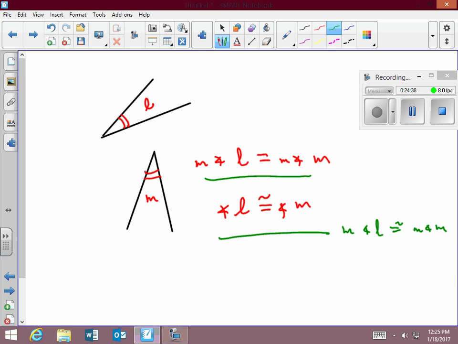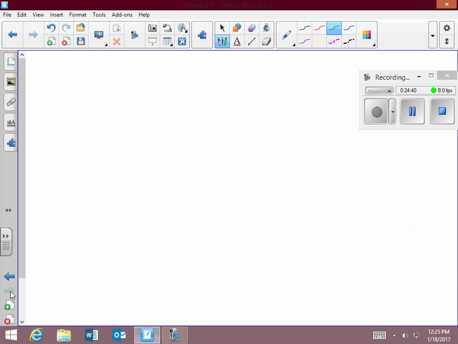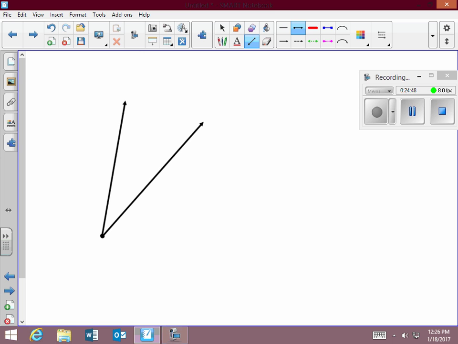then adjacent angles would be angles, and I'll just write them out as rays. Those two angles are adjacent because they share the same vertex and they share a common side.